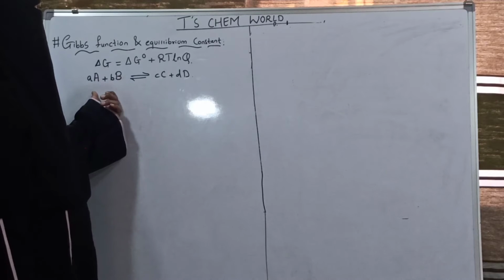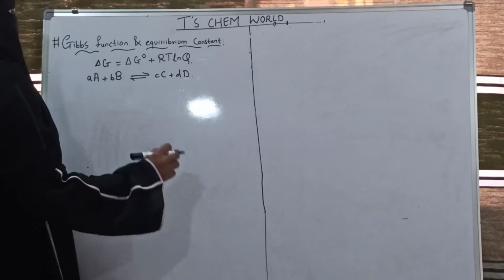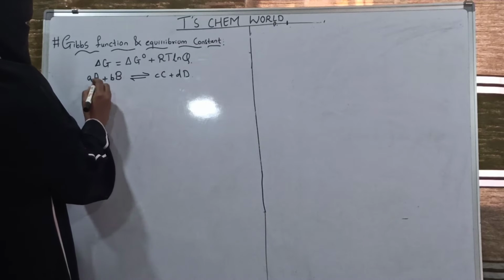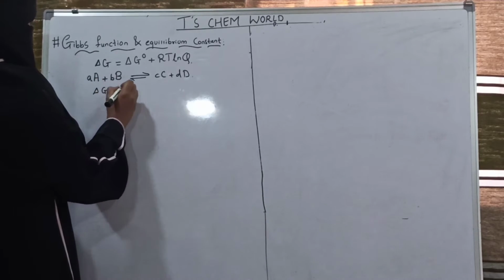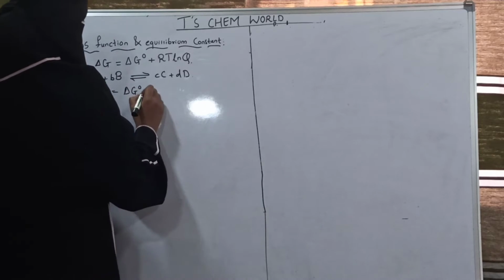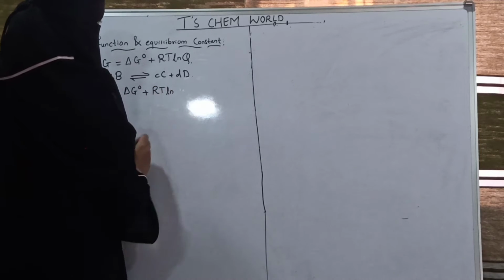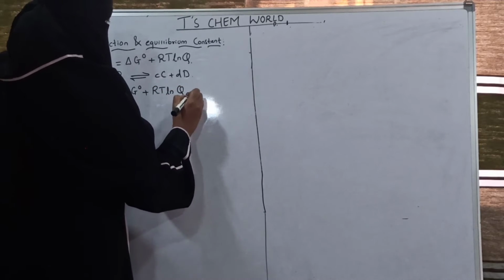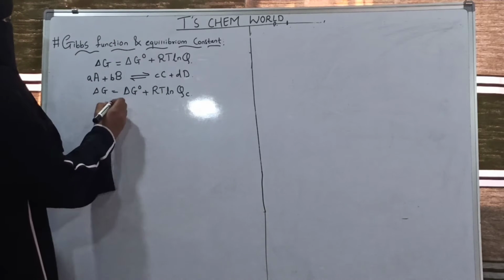For this chemical reaction, delta G is equal to delta G0 plus RT ln Qc, in terms of equilibrium concentration.